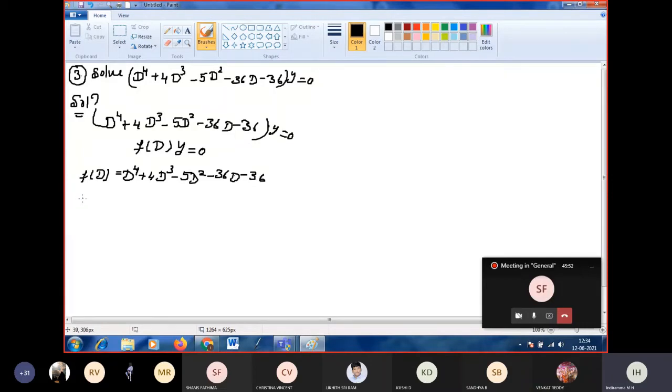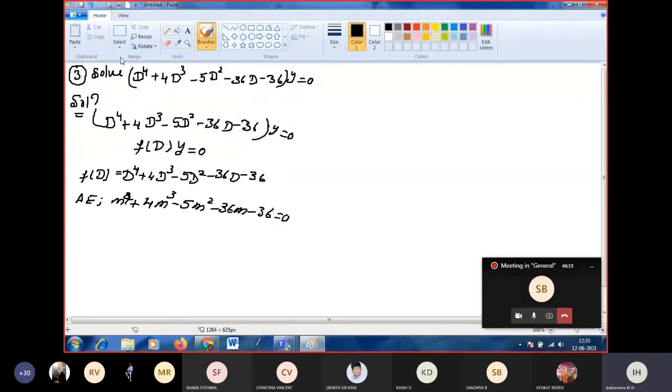So next, what do we have to consider? The auxiliary equation. The auxiliary equation is m power 4 plus 4 m cube minus 5 m square minus 36 m minus 36 equal to 0.